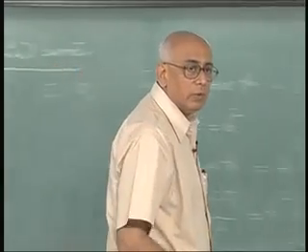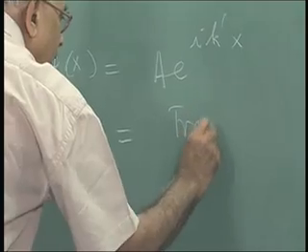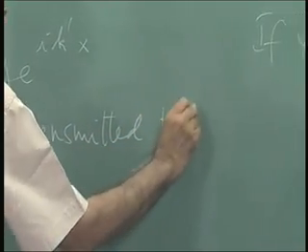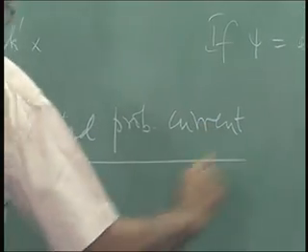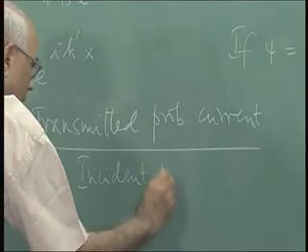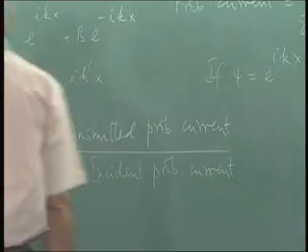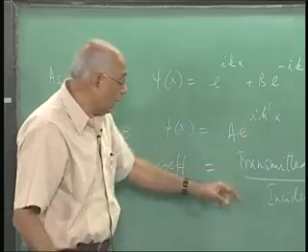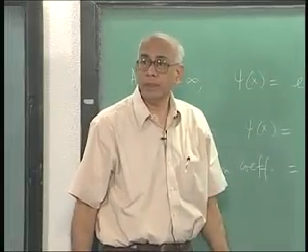That is a reasonable way to define the transmission coefficient. So one takes this portion of the wave function, finds the current and divides it by the incident current, which is h cross k over m.